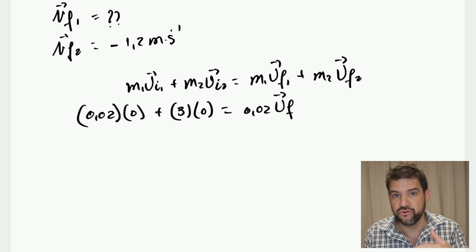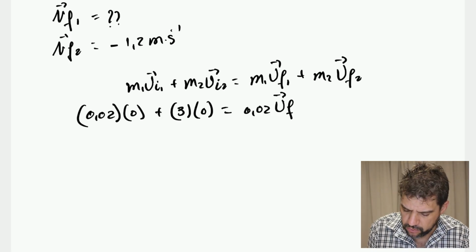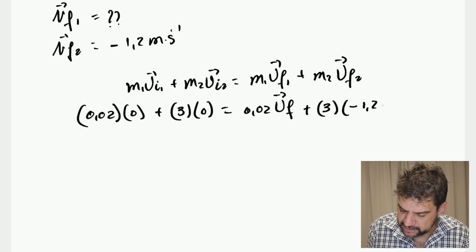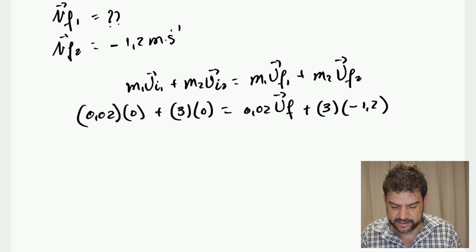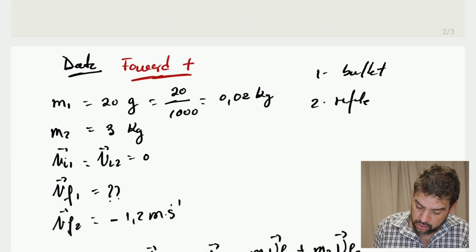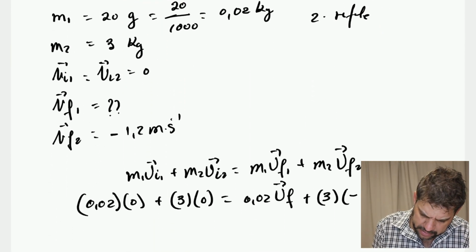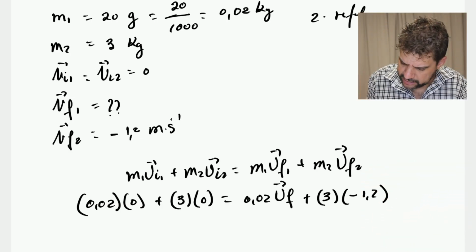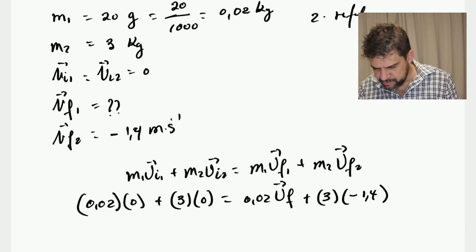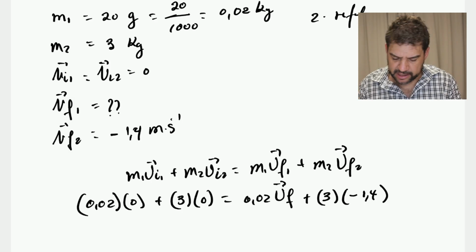Be careful, don't get confused about what you are actually looking for, plus the mass 2, which is 3, and the recoil is negative 1,4 meters per second. I'm not going to write the unit. Guys, it's 1,4, not 1,2. I thought it was wrong here. 1,4, here is 1,4. There we go. Let me get my coffee, the one that keeps making me make that mistake.